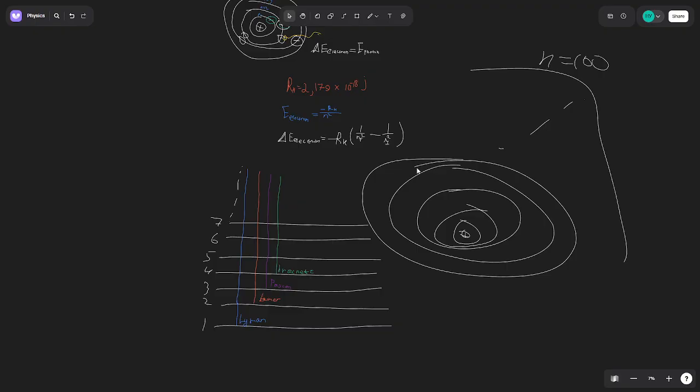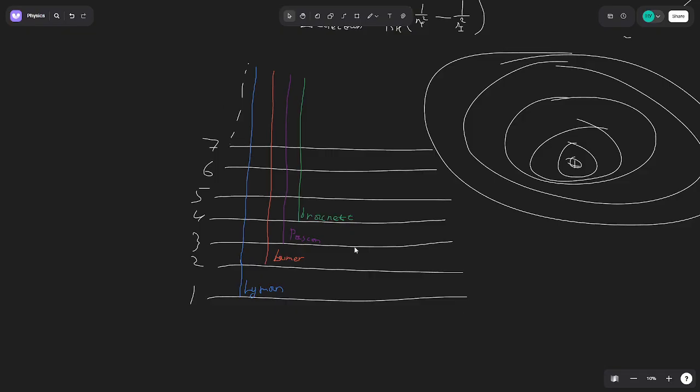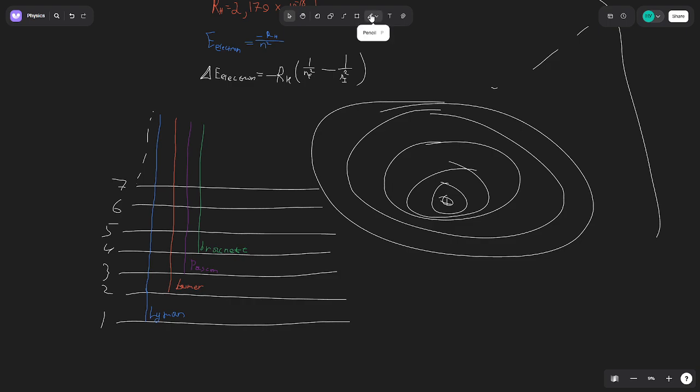So they all can pass from the 100th stage, but they will stop at each stage estimated in this table. So Brackett will stop on the fourth. Paschen will stop on the third one. Balmer will stop on the second. And Lyman will stop on the first, in that case.